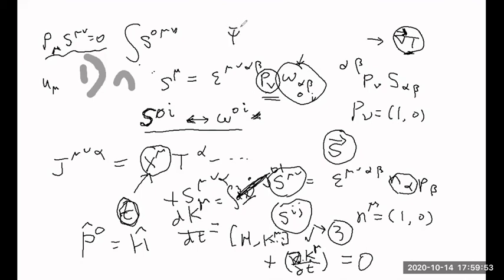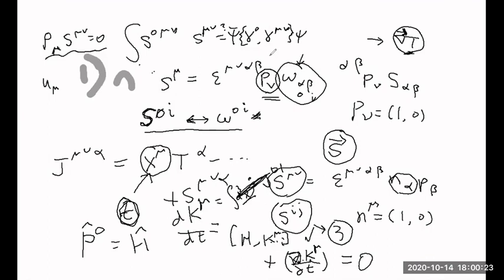The good operator is the dual of the axial vector. Yes, the S0i is gamma 0 and sigma 0i. You should symmetrize this.